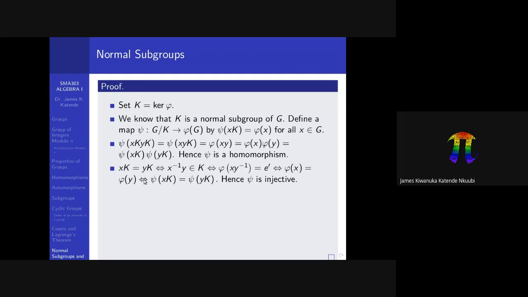But if that is the case, this also means that the image of xK under this map psi will be equal to the image of yK under the map psi. You notice that what we have here are logical equivalents, so the statements can also move backwards. Either way it works. So this guarantees that the map is injective.